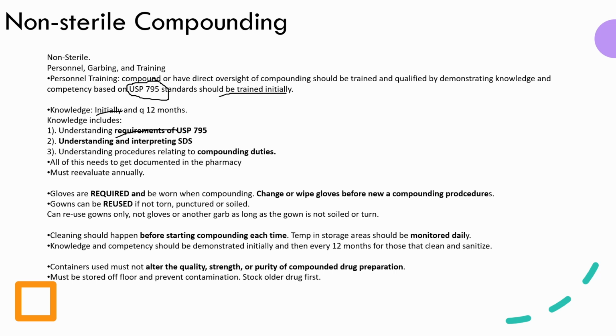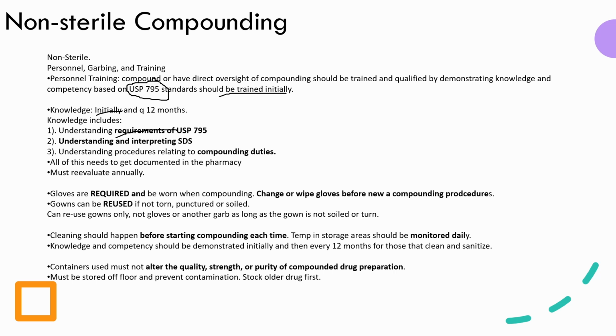Change or wipe gloves before new compounding procedures. Gowns can be reused only if they are not torn, punctured, or soiled, but not gloves or other garb. Cleaning should happen before starting compounding each time.